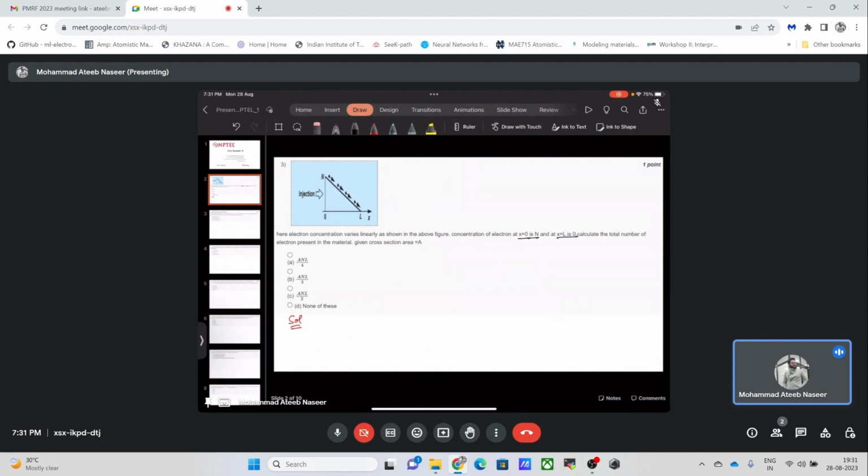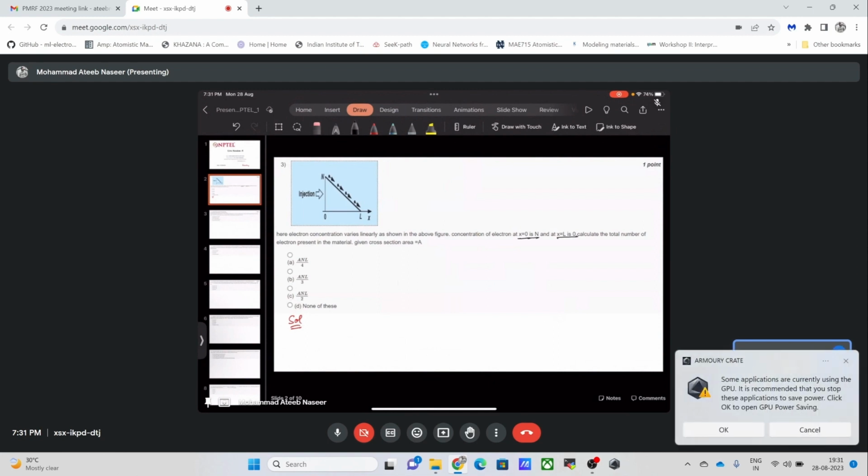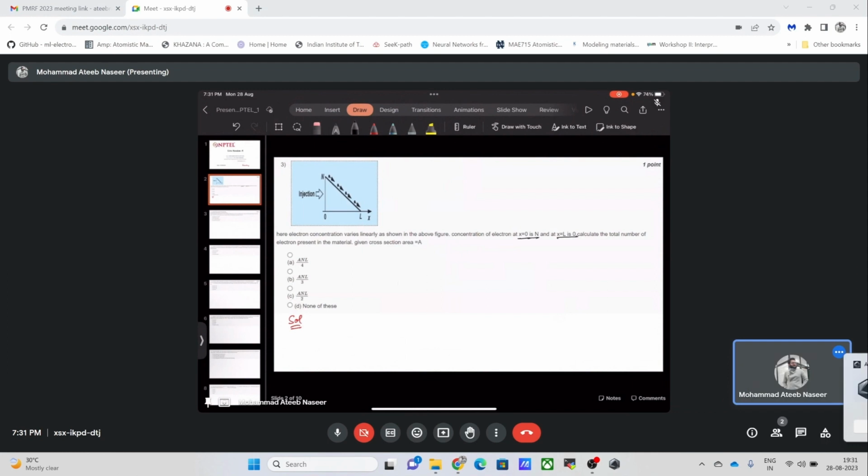So let's write down the equation for this electron concentration first. The equation for this electron concentration as a function of x will simply be some intercept plus slope times the x coordinate.